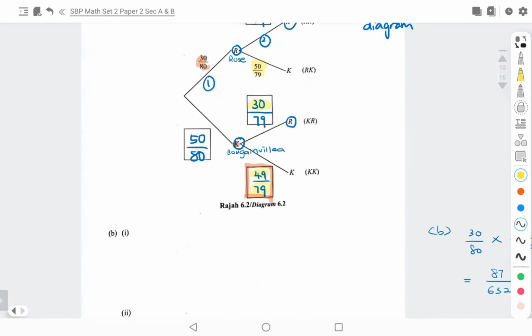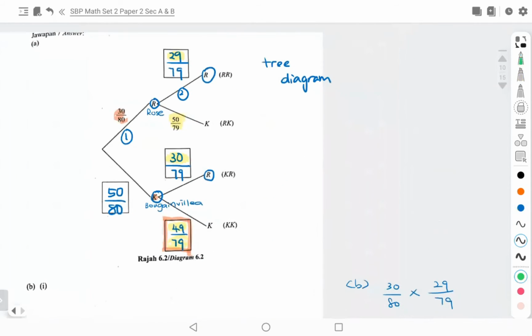Basically, from the 50 over 80, one is taken out, but then we find the difference in the other value. That's why we got 30 and 49. Yes, actually, if you look at the formula, P stands for probability.